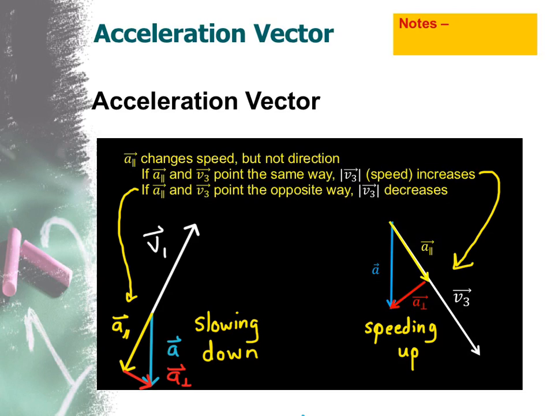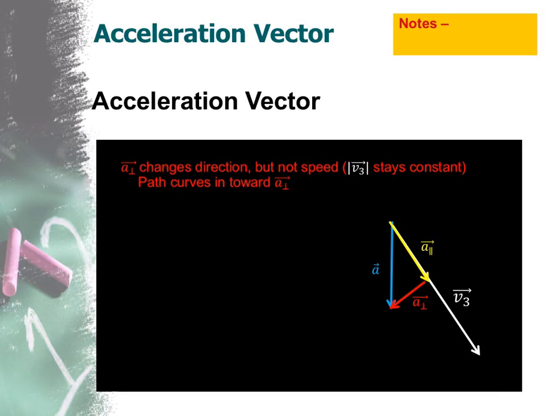What does this perpendicular component do, this vector in red? Well, it turns out that what that vector does is it changes the direction, but not the speed. So this red component, the perpendicular component of my acceleration, is not responsible for changing how much this grows or shrinks, but it does change which direction it's pointing in.